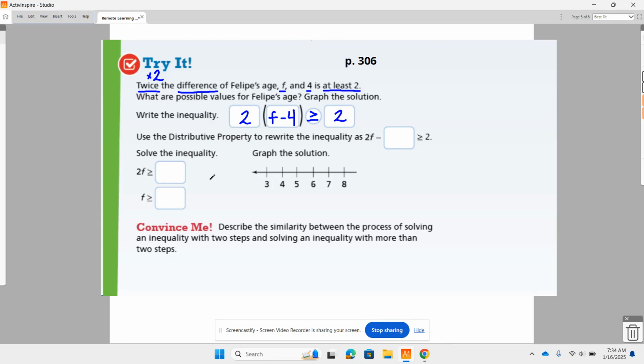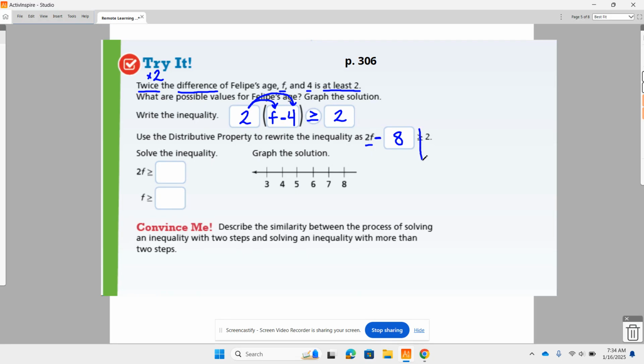Okay, now it's going to guide us through solving and also graphing. So remember, use your distributive property, 2 times f, which is 2f, and 2 times minus 4, or negative 4, is negative or minus 8. They already put the minus there for us.